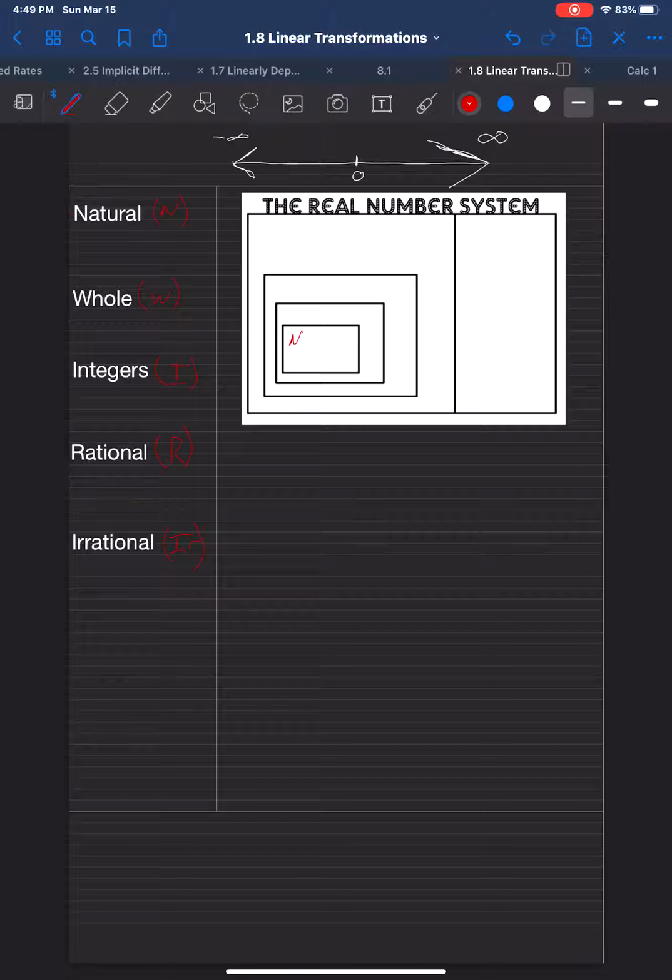So what would live in this little box that we're going to label natural numbers? Well, we can think of them as the counting numbers. So 1, 2, 3, and so forth. No fractions, no zero, no negatives, just the counting numbers.